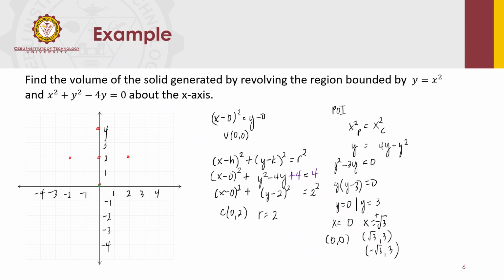So 1.7 approximately, and then 3. So here, then negative 1.7 and 3, so here. The circle and the parabola will pass through these points.